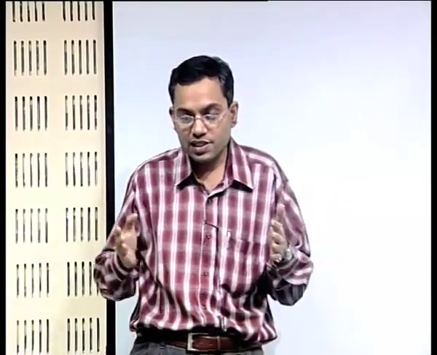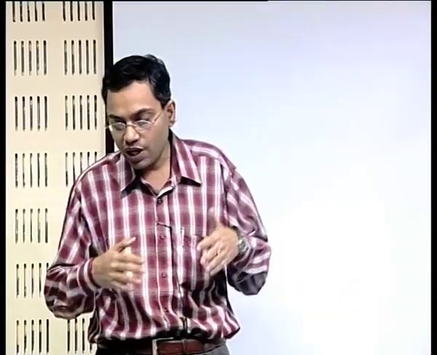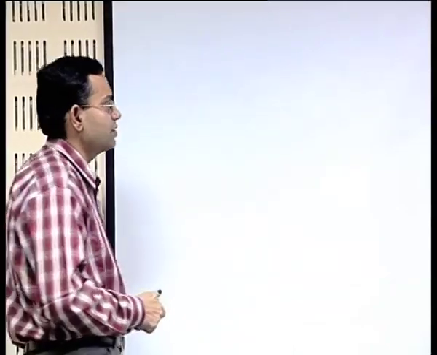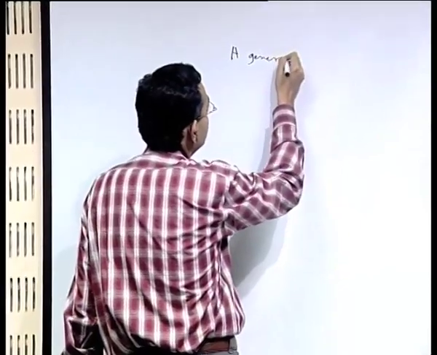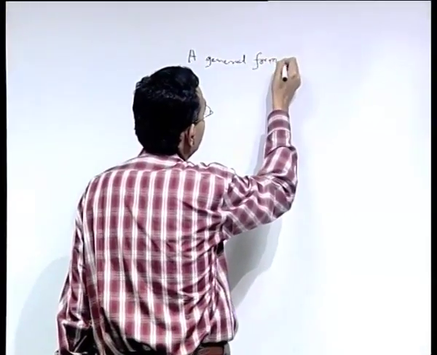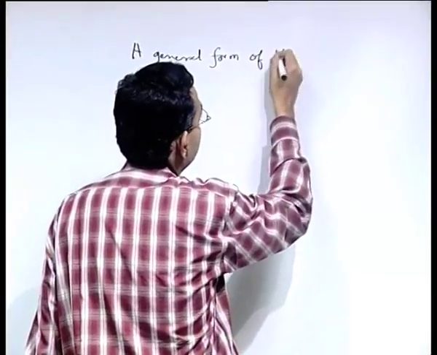Similarly, for momentum transport, you have momentum transport due to advection, and you also have momentum transport due to diffusion of momentum because of gradients of velocity, which is nothing but the viscous effect. So there is a synergy between all these, and to understand the synergy, let us try to derive a general form of the conservation equation.